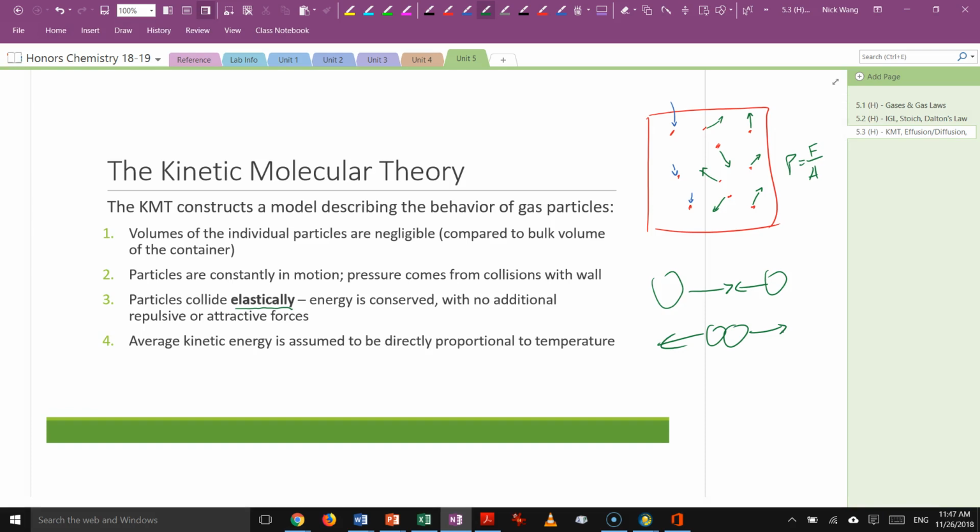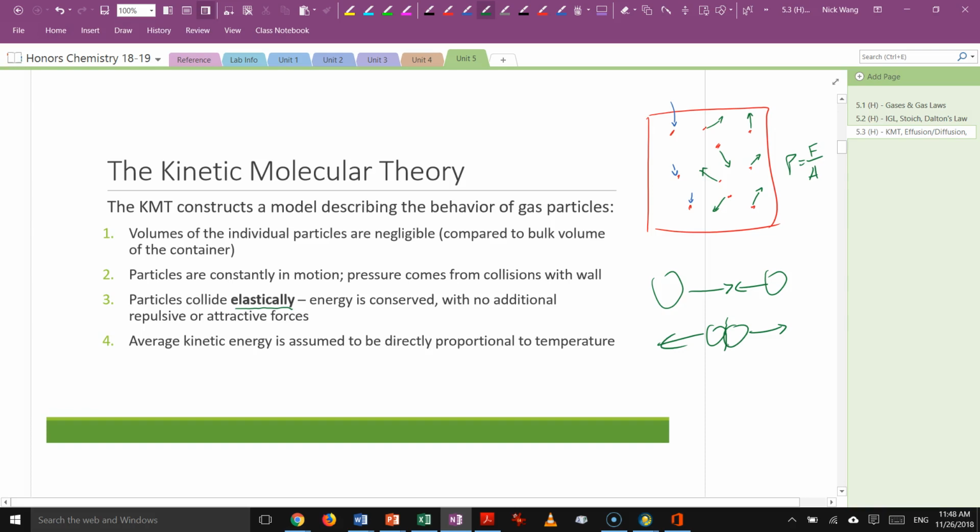So imagine two cue balls, but instead of on a felt pool table, they're on ice. If they bump into each other, they're just going to keep moving forever and ever, and they're not going to be held back or pushed away from each other in any way. So this contact right here is perfectly elastic.